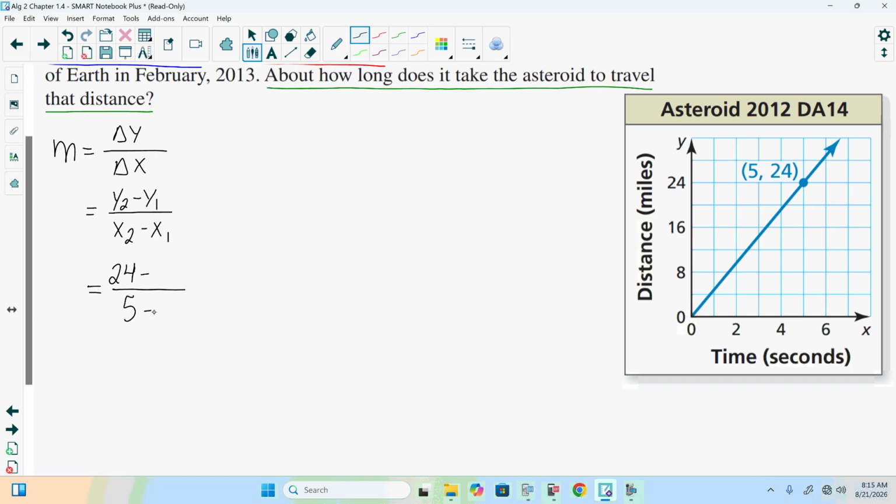We do things in alphabetical order. We are given another point. What other point are we given? 0, 0, yes? It starts at the origin. So the other point we have is right here.